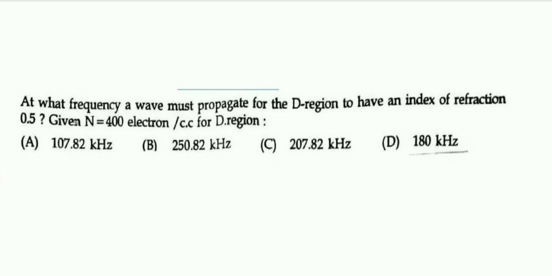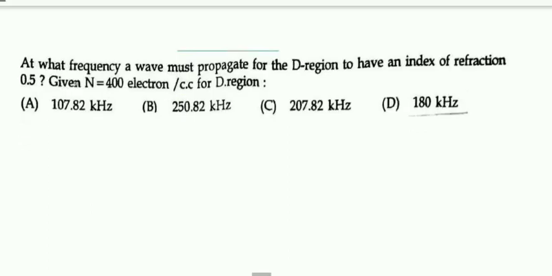And the next question is, at what frequency a wave must propagate for the D region to have an index of refraction 0.5, given N is equal to 400 electrons per cubic centimeter for D region. So they have asked frequency and they have given refractive index 0.5 and electron density.